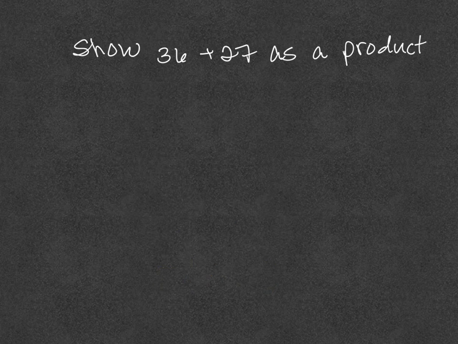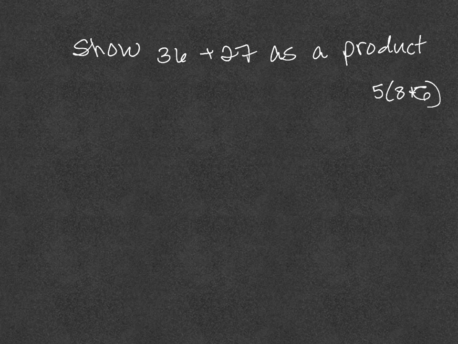So now, bearing that in mind, let's see if this can help us answer that question, because we're going to use that distribute out thing. What they mean by the question that says show 36 plus 27 as a product, they mean show it like what we saw before on the previous slide, 5 times 8 plus 6, or whatever times those numbers that will go inside.